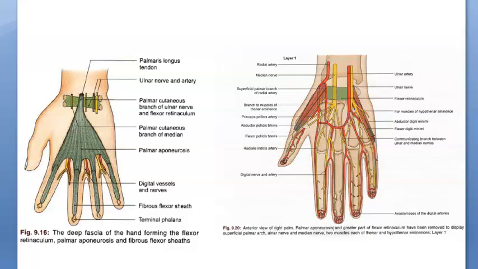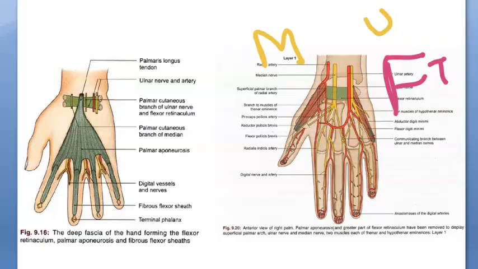Then you will see some tendons, mainly flexor tendons. And then you will also have some nerves: the median nerve and ulnar nerve. So what did you see? Structures under the palmar aponeurosis: superficial palmar arch, flexor tendons, median nerve, ulnar nerve.